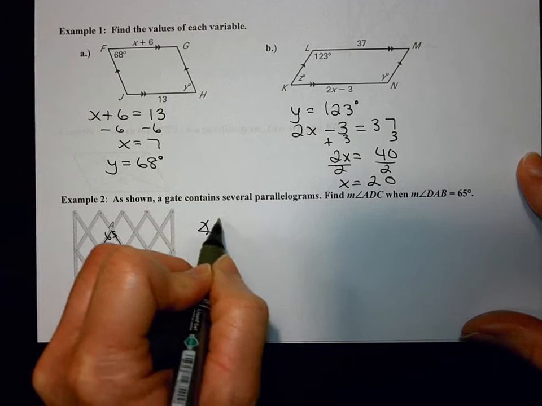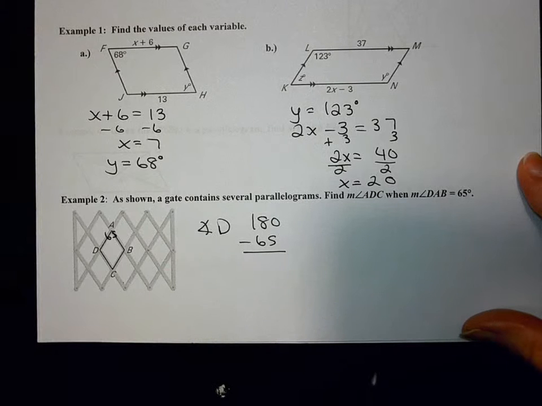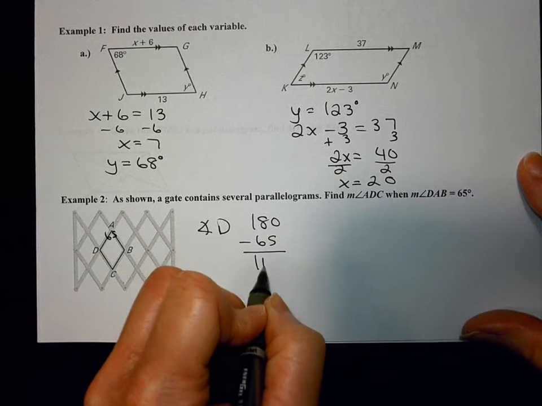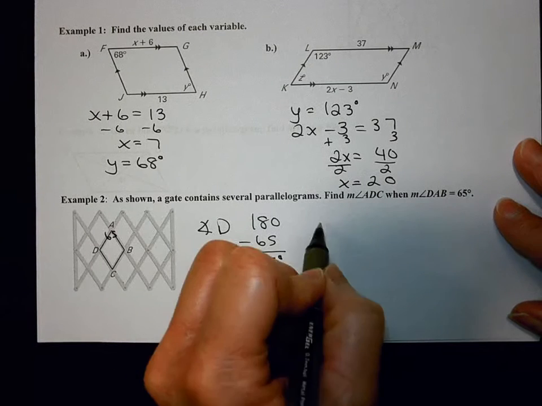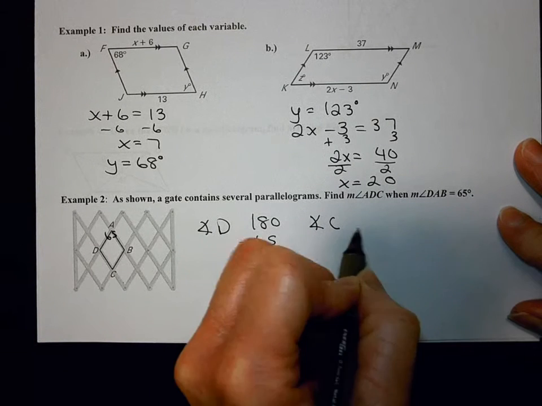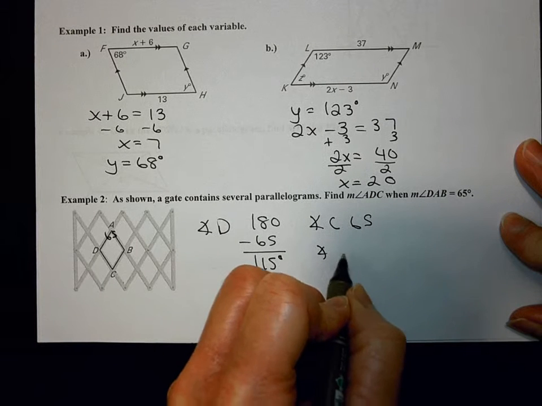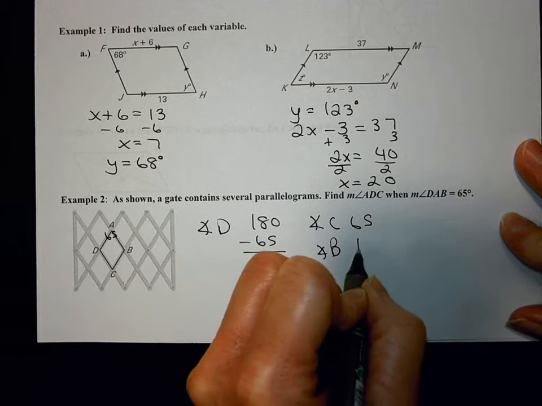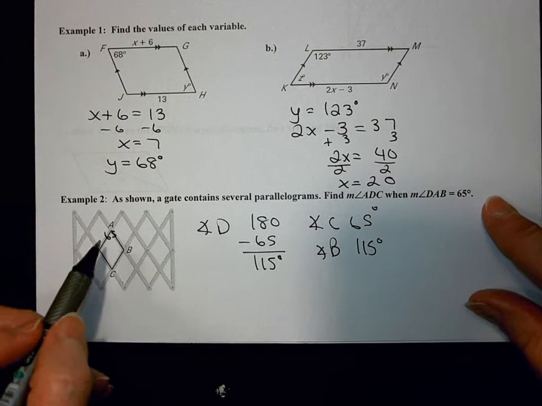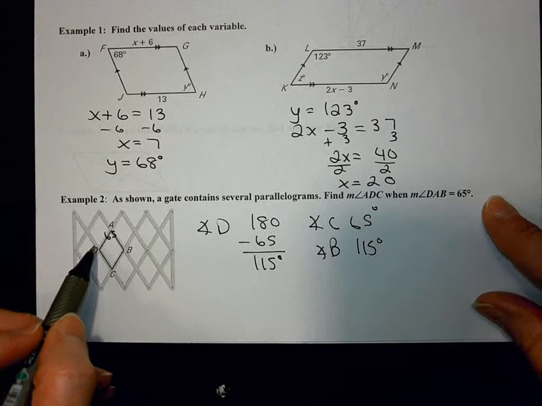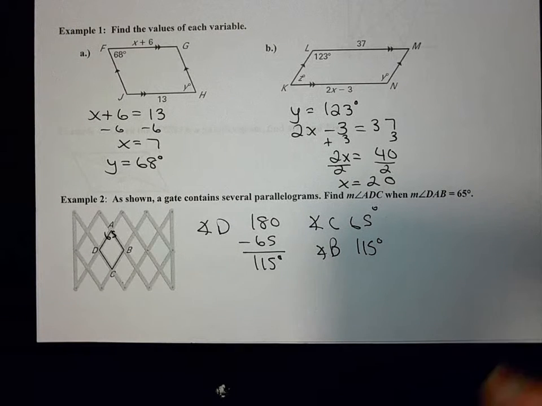So angle D is going to be 180 take away 65, or 115. So that means we actually really know all of the other angles. Angle C is going to be 65 because it's across from angle A, and angle B is going to be 115 because that's across from C. Again, these two angles in a row have to be supplementary. So A and C are 65, B and D are 115.